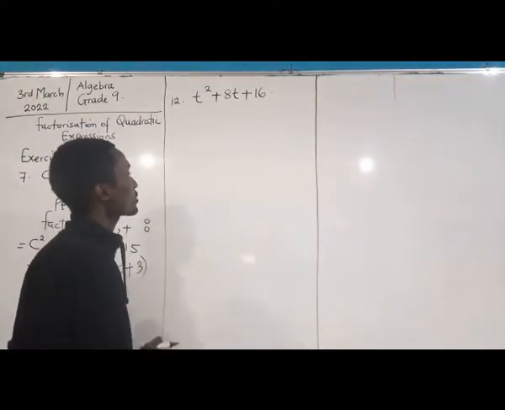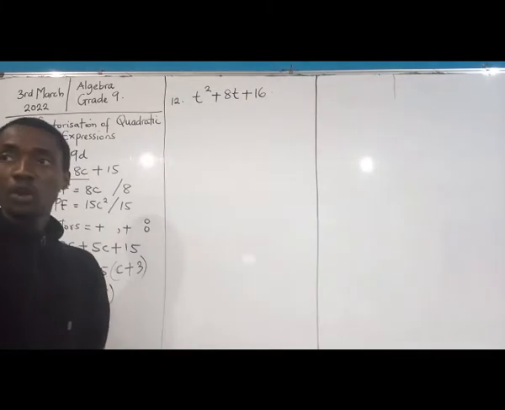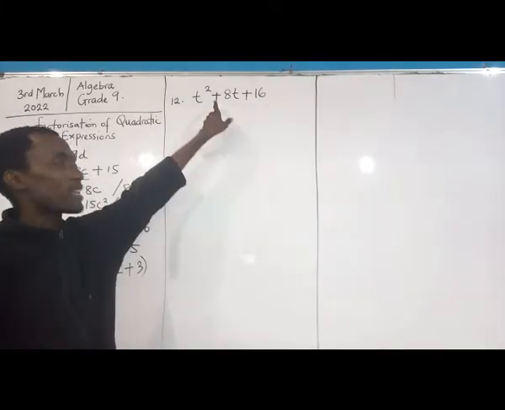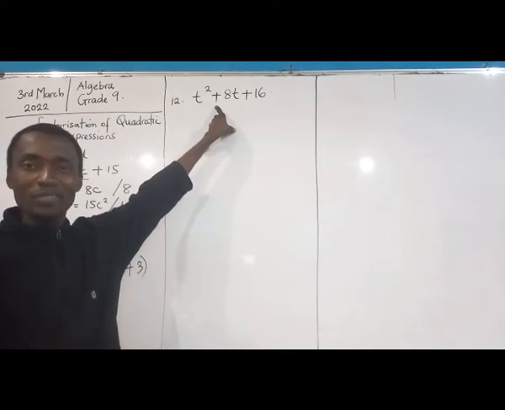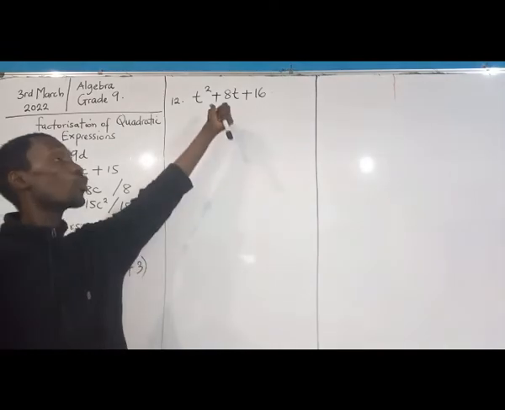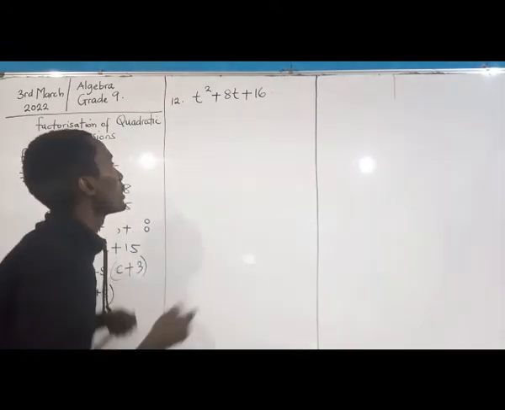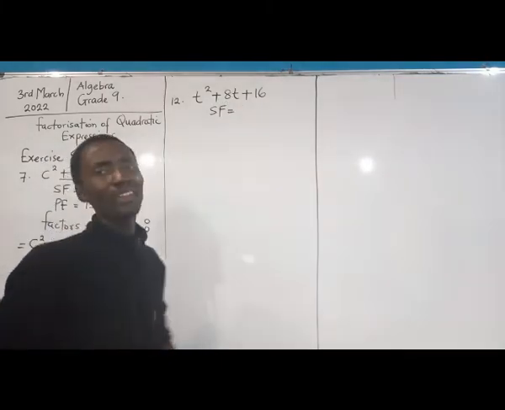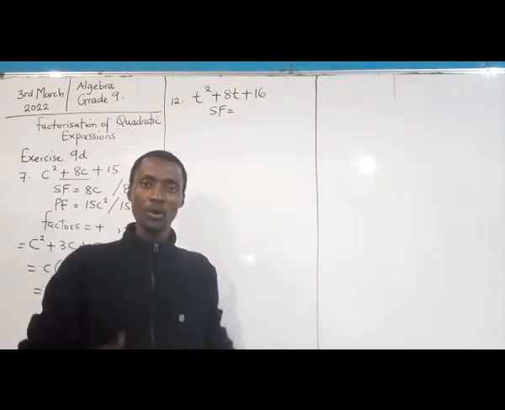Now we have the next question that says t squared plus 8t plus 16. You want to pay close attention to this one because there's something very interesting you're going to discover here, and I'm going to be drawing a conclusion from this question. Remember, you start by saying sum of factors. Now some students will say this is a stressful, rather boring process.